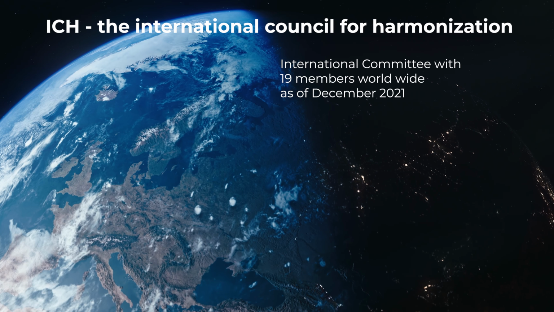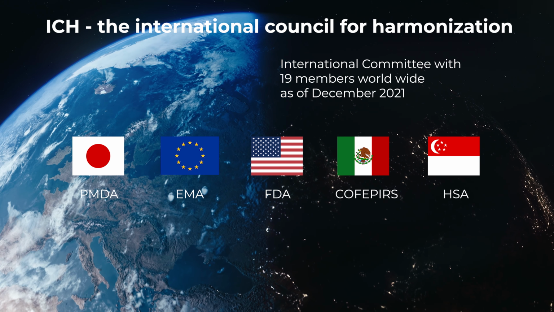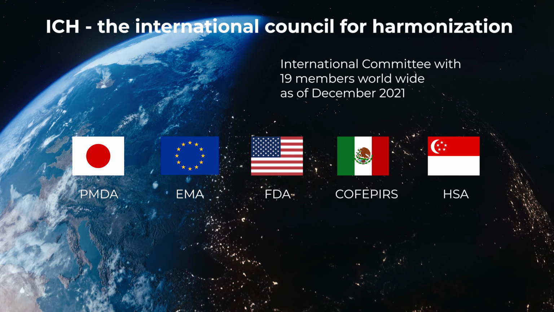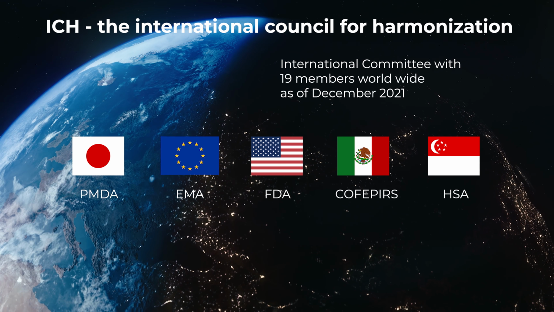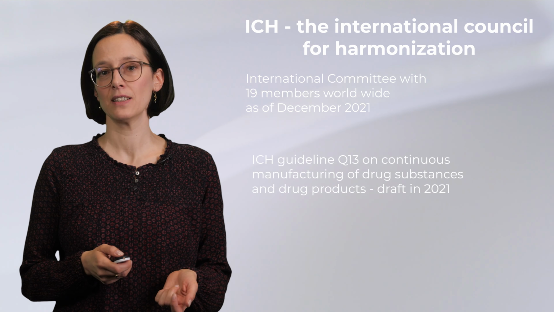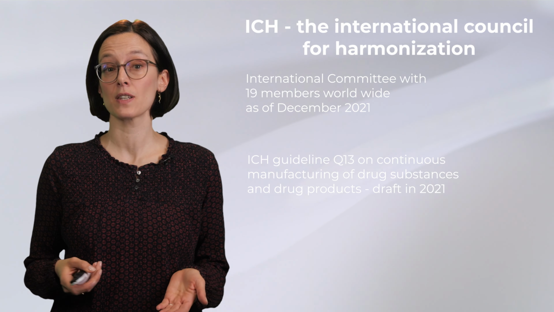The ICH, the International Council for Harmonisation, which has 19 members all around the globe as of 2021, also works to implement continuous manufacturing. In 2021, the Q13 guideline on continuous manufacturing of drug substances and drug products was published.